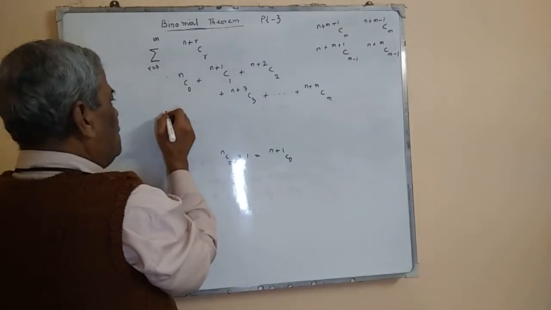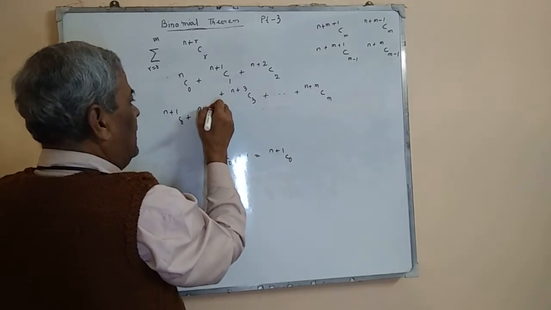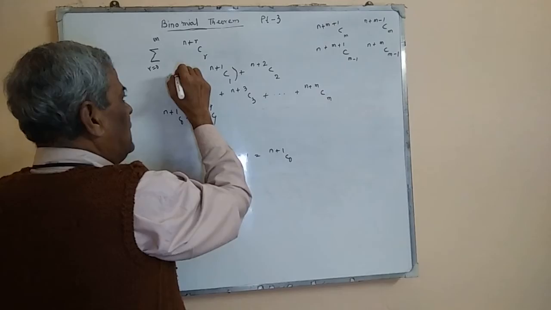So actually this is equal to n plus 1 C 0 plus n plus 1 C 1, these first two terms.